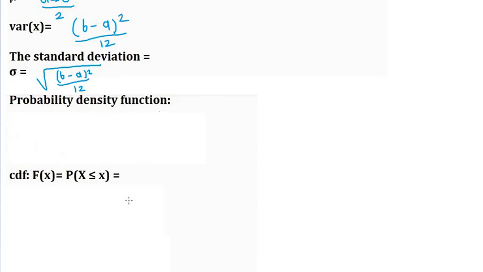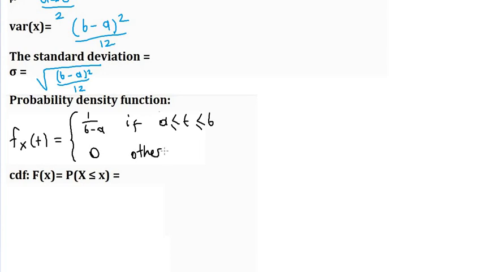Our probability density function, little f of t, is 1 over b minus a if, here our variable is t, if t is in between the interval a comma b, and 0 otherwise. 1 over b minus a is at the same time the height of the function.